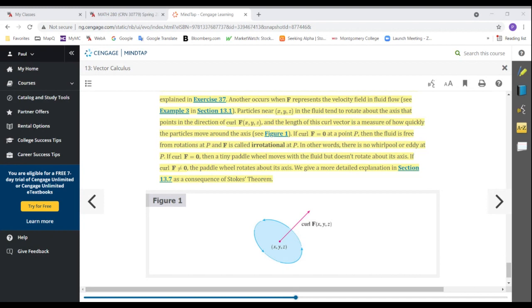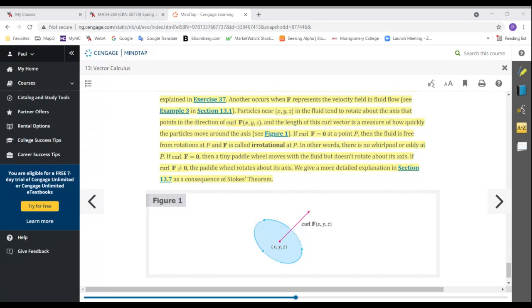And if you think about the right-hand rule, that's right, Eric. It is kind of similar to a torque problem. If you take your right hand and curl your fingers in the direction the fluid's flowing there, in the counterclockwise direction, then your thumb will point in the direction of that curl vector.